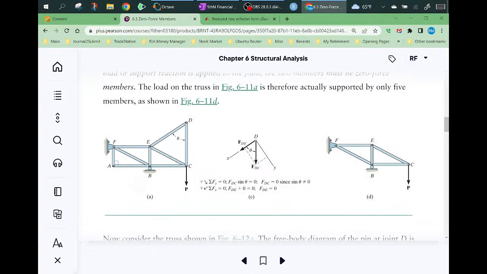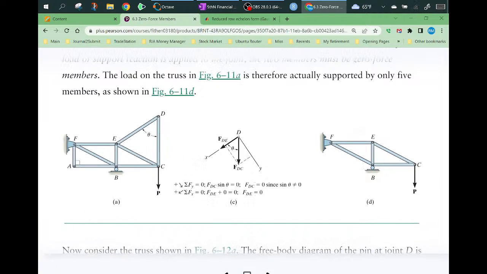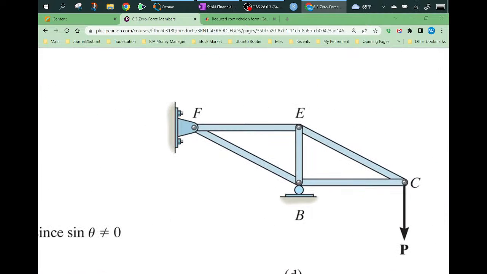Essentially, he does this same thing here. A little bit more complicated because it has sine stuff, but essentially that is the official truss. You can take the zero force members off and then do the other members.